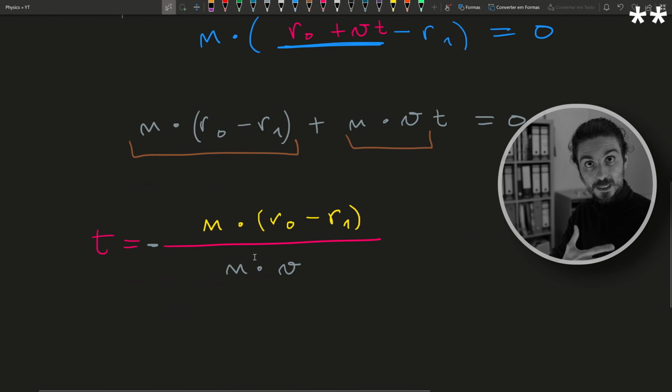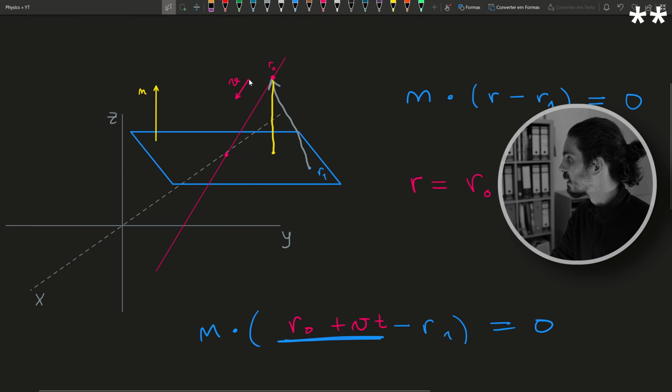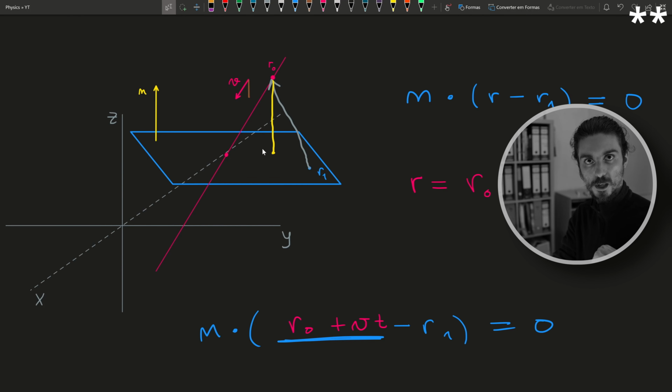So it is the distance in meters. Let's now try to understand the meaning of the denominator. The denominator is also a projection of the velocity vector along n, meaning it is this length, which comes in units of meters per second.